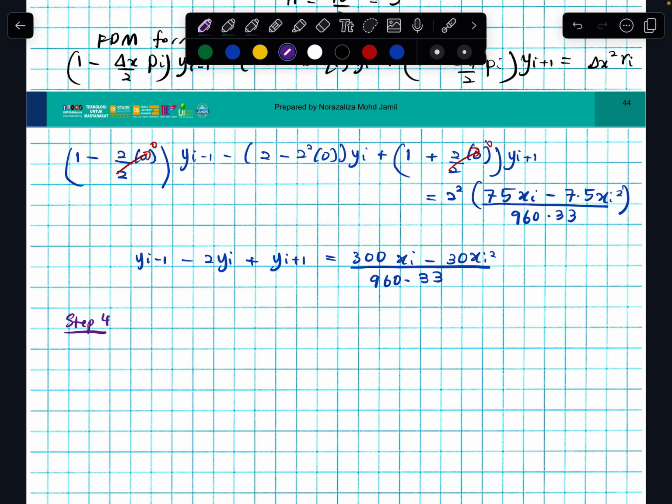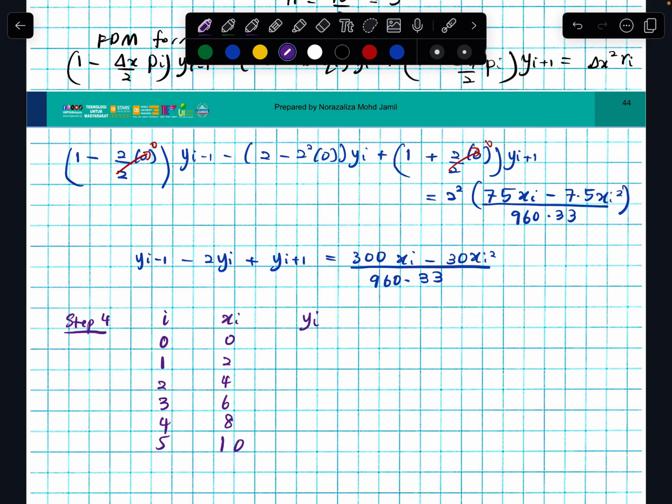Now in step 4, we construct the iteration table until 5. Why do we know 5? Because we already calculated using the step size. So the first value of x starts from 0 by the step size 2, so you add 2 for each. Now this is the sequence of xi.